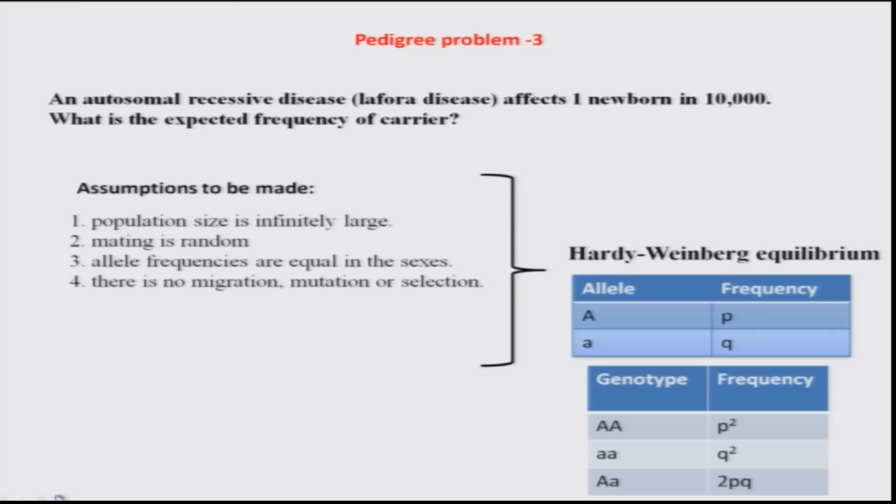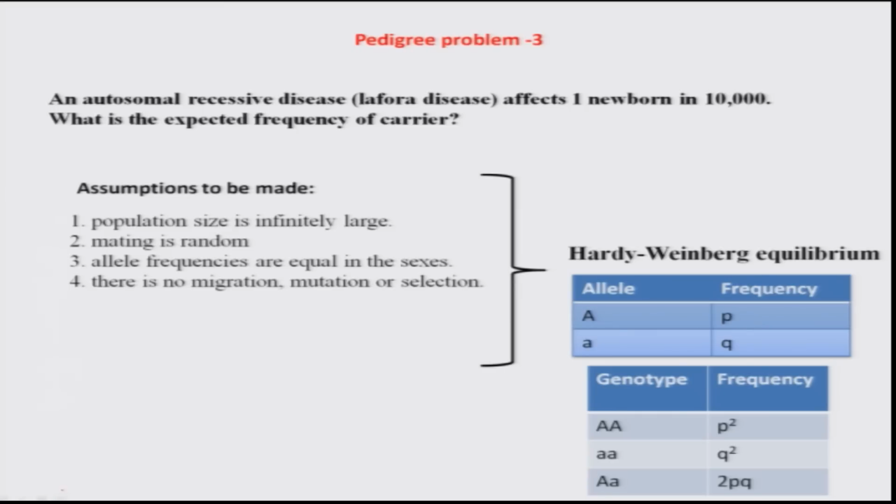So, it was proposed that if there is an allele A and its frequency is p, similarly there is another allele a and its frequency is q. Now, if you calculate the genotype frequency in a population with these assumptions, then a homozygous AA will have p square, a homozygous small aa will have q square, and the carriers, that is capital A and small a, would be 2pq.